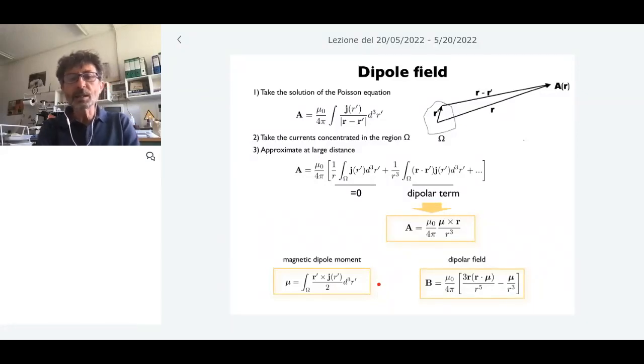So this magnetic dipole moment is extremely important if we only want to know the field very far from the region that has generated it. The field generated by the dipole, when we go very far, is called the dipolar field. Take this vector potential A, take the curl, and you end up with the expression of the dipolar field, which is written here.